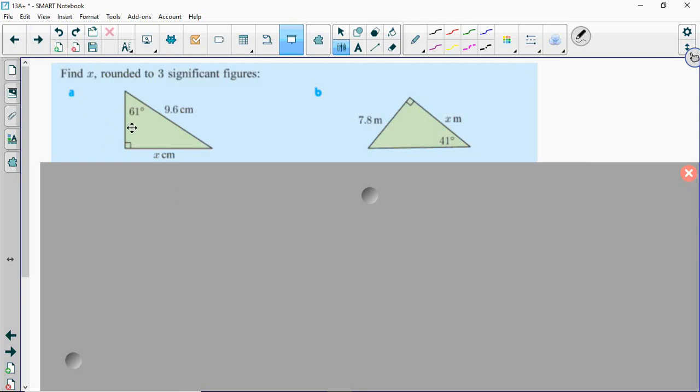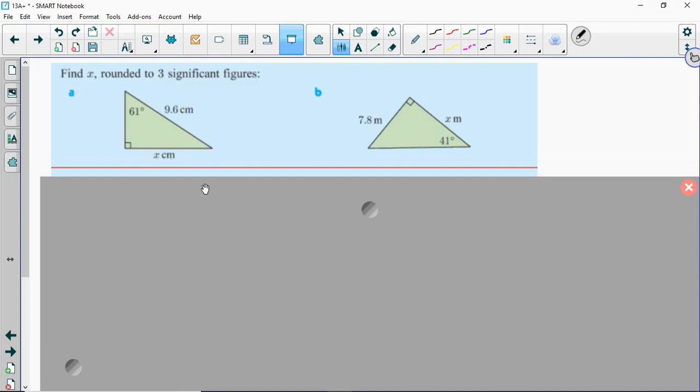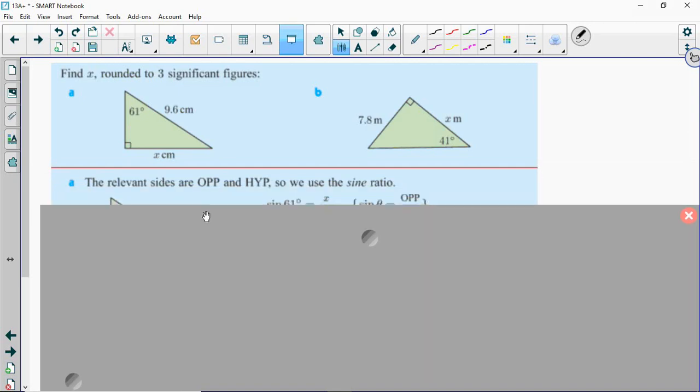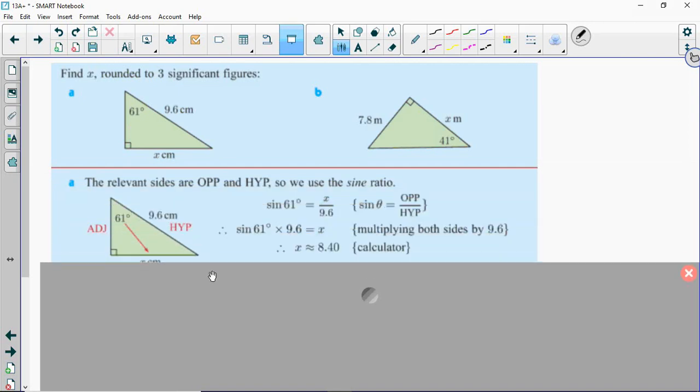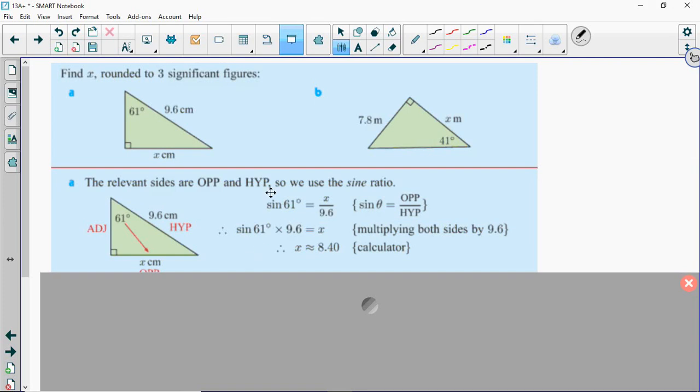It's 61 degrees. The two side lengths in the picture are, well, 9.6 is the hypotenuse, and x is the opposite. So we'd ask ourselves, what trig ratio uses the opposite and hypotenuse? Well, it would be the sine ratio. So we could write an equation right here.